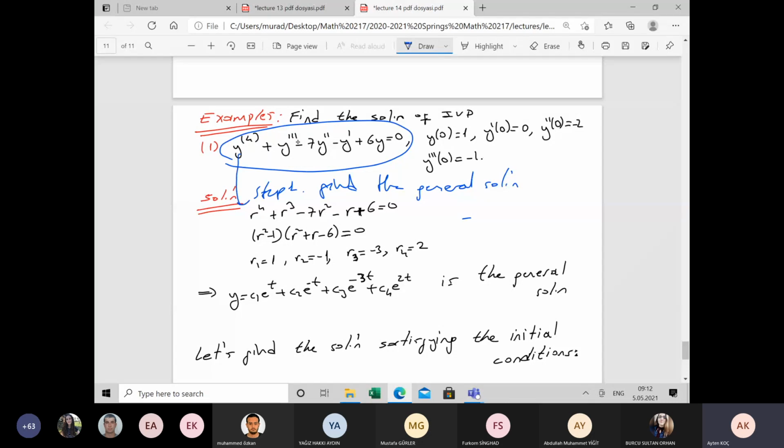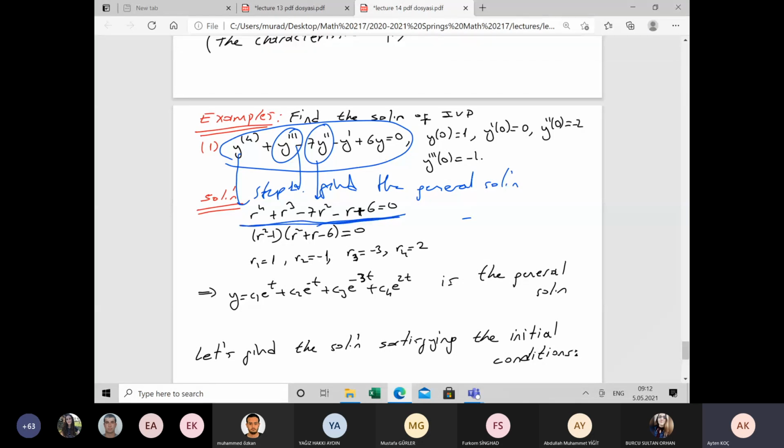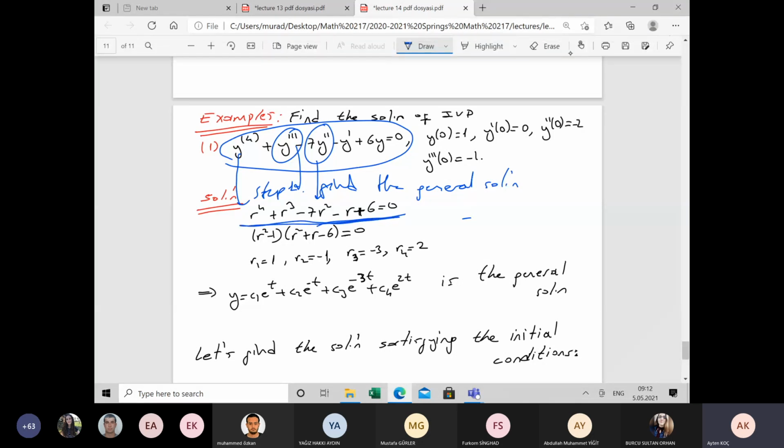The characteristic equation is r to the 4 plus r cubed minus 7 r squared minus r plus 6 equals 0. Our aim is to get its roots. Take r equal to 1: 1 plus 1 minus 7 minus 1 plus 6.